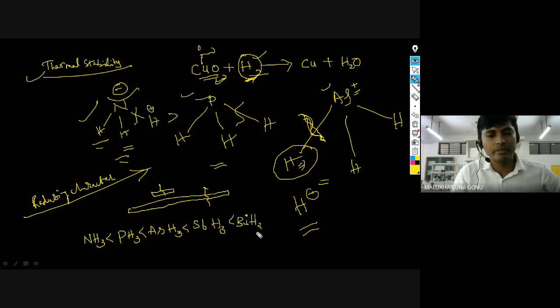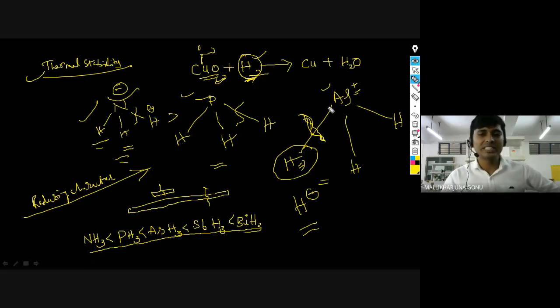Very, very important from the examination point of view. Is it clear, Aishwarya, why? Yes, sir. This is the reducing character sequence you should remember. As it has more bond length, it can give the hydride ion easily, and metallic character also keeps increasing, so it donates electrons easily. So whenever any element combines with H minus, those are usually called hydrides.